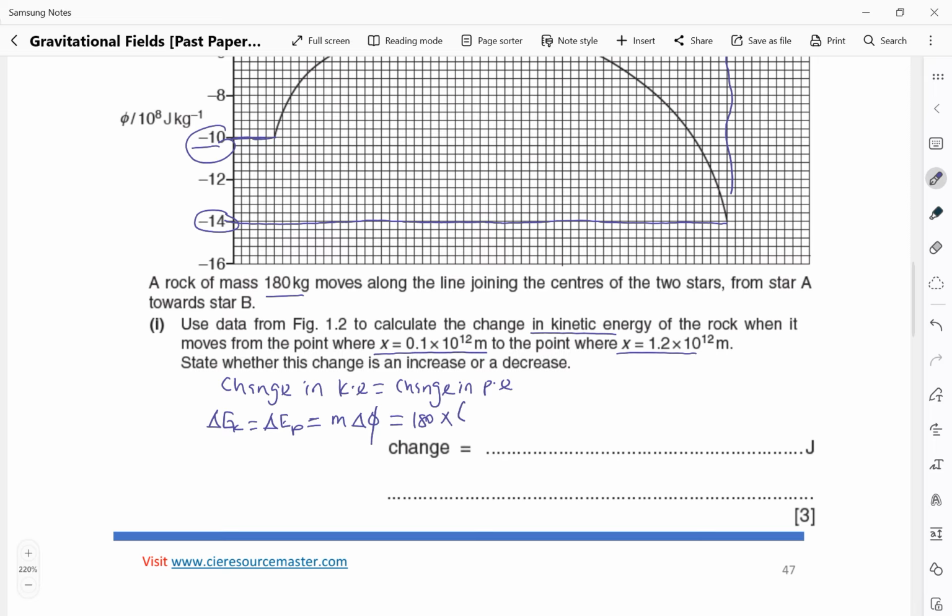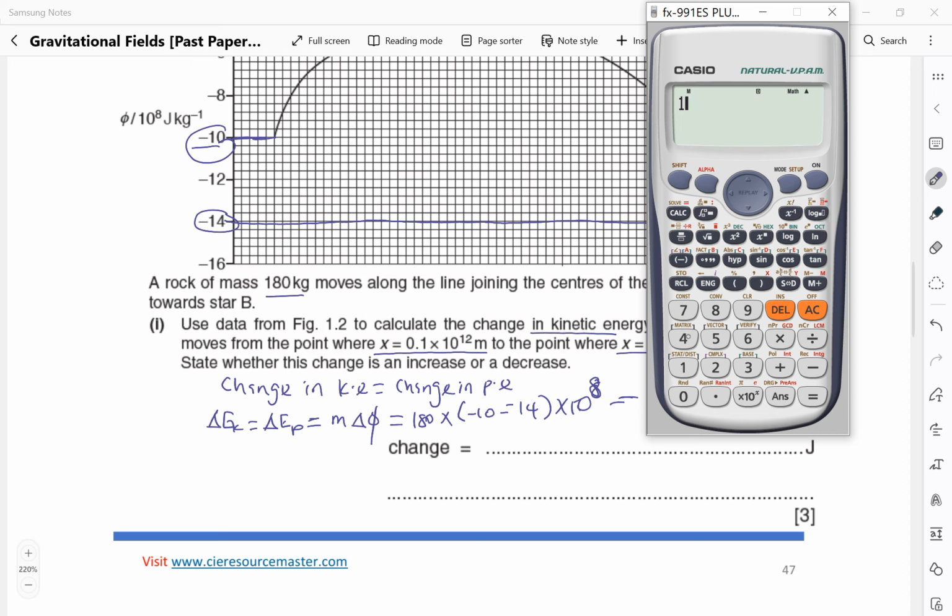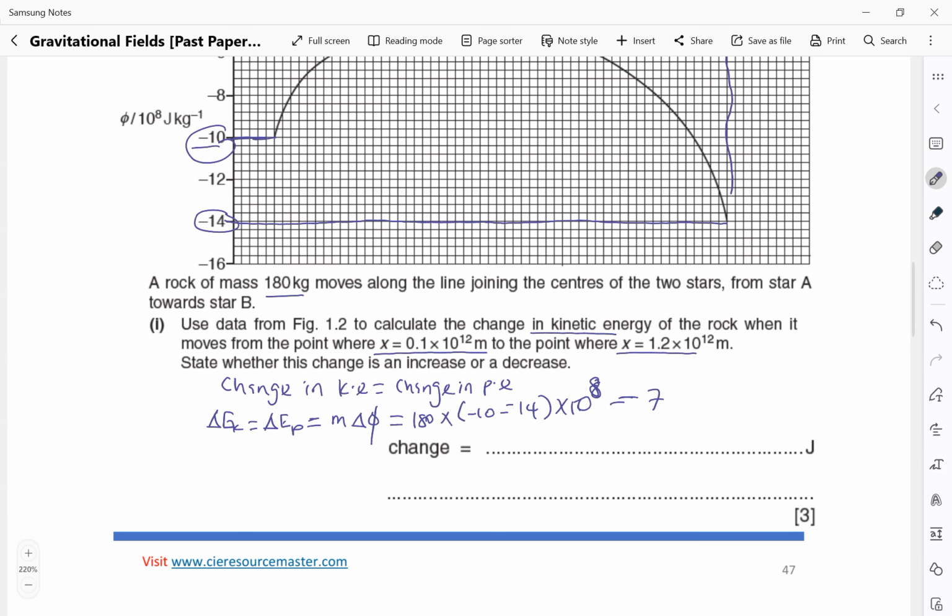So the change in potential is going to be -10 minus -14, then times 10 to the power of 8, which is equal to 7.2 times 10 to the power of 10 joules.